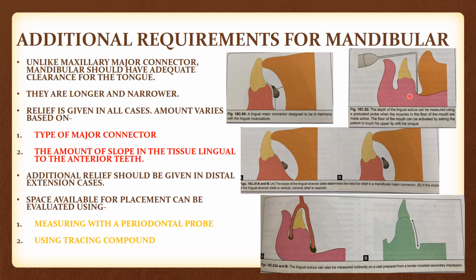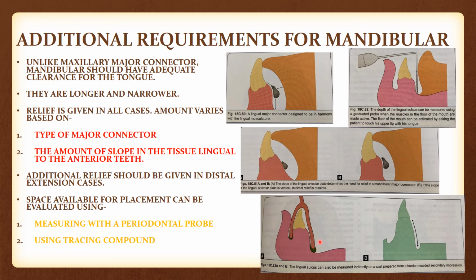You are using this probe and measuring the lingual sulcus, and this is usually the preferred method. The next method is using tracing compound. An impression tray whose lingual border is about 3 mm short of an elevated floor of the mouth is used. The lingual sulcus is recorded with the help of this tracing compound.